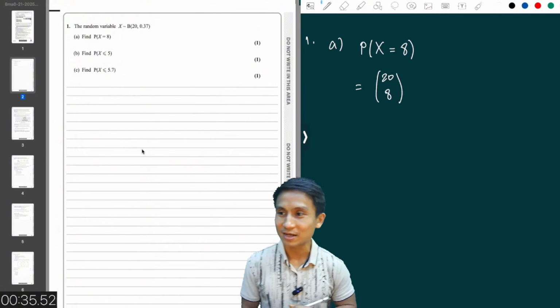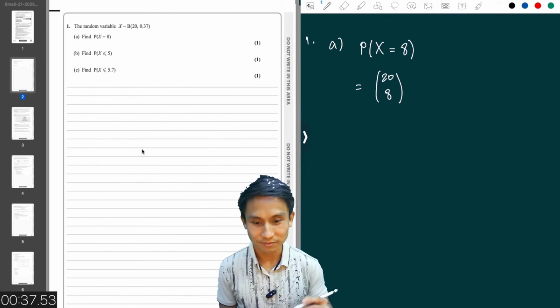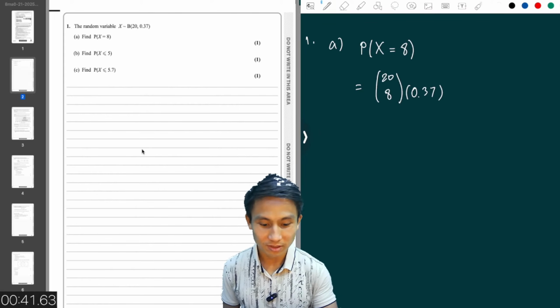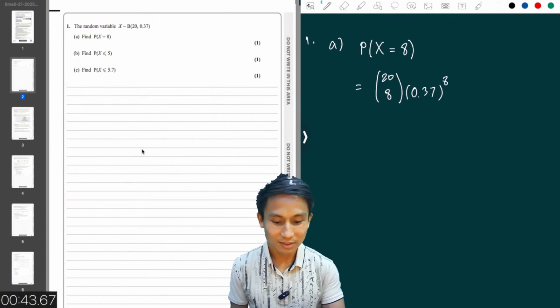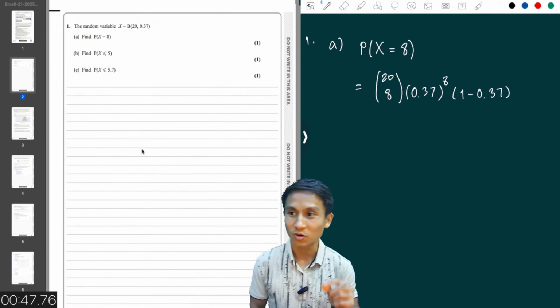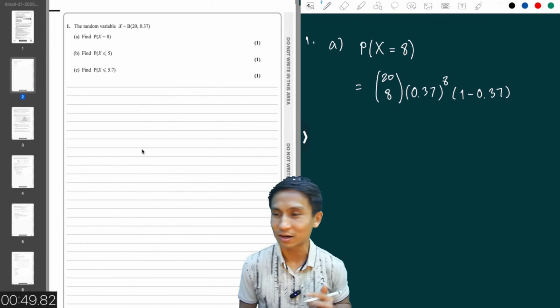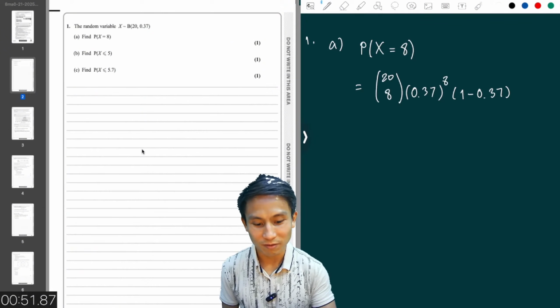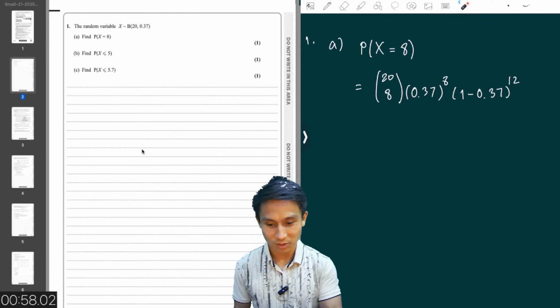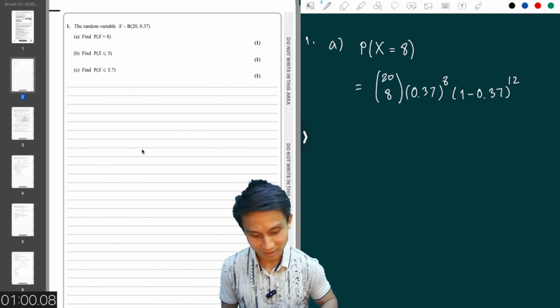So 20C8 here, this is the binomial coefficient, and then the probability, which is 0.37 to the power of 8, times 1 minus that probability, the so-called probability of failure, to the power of 20 minus 8, which is the remaining, because remember, these two powers add up to 20. That's easy peasy, I guess.